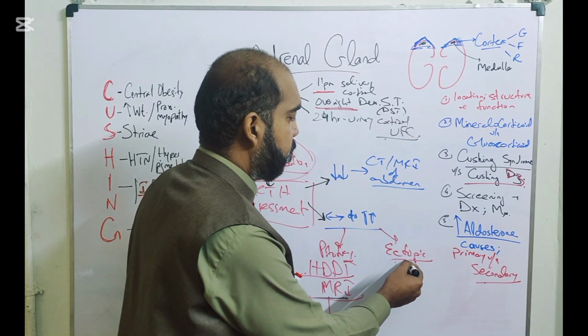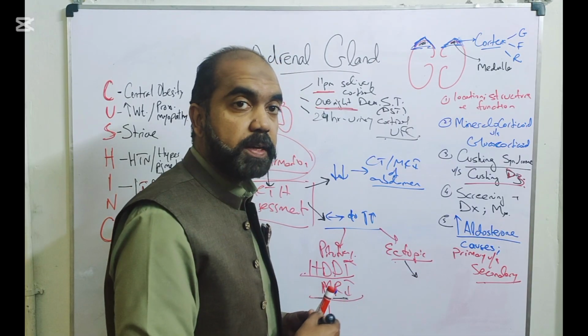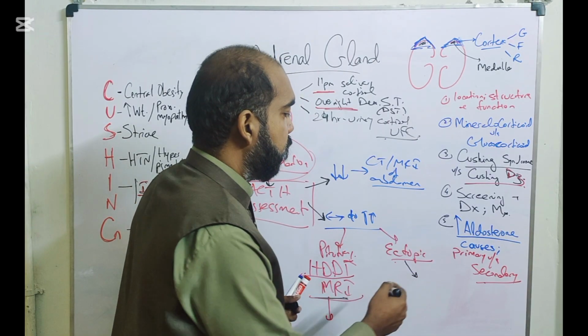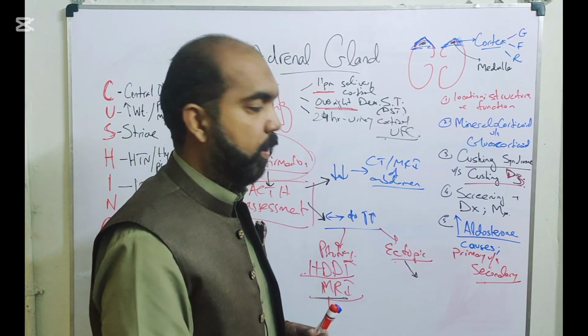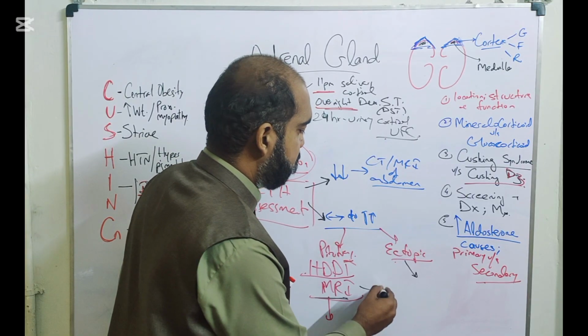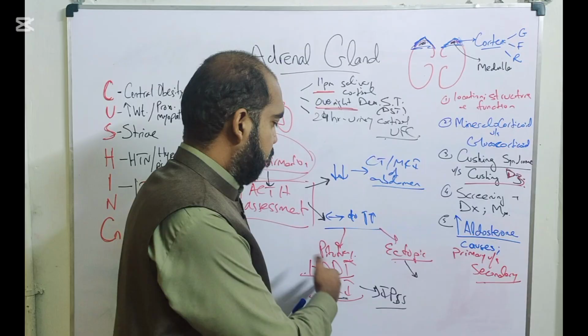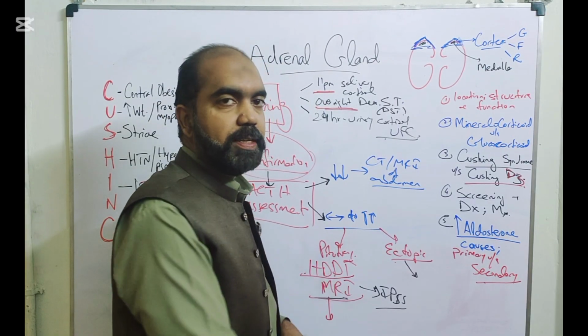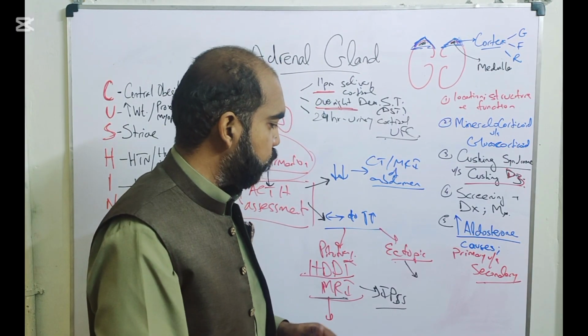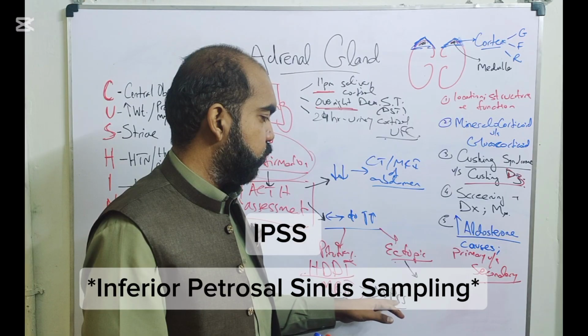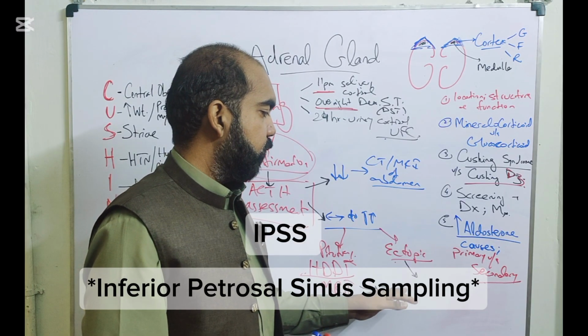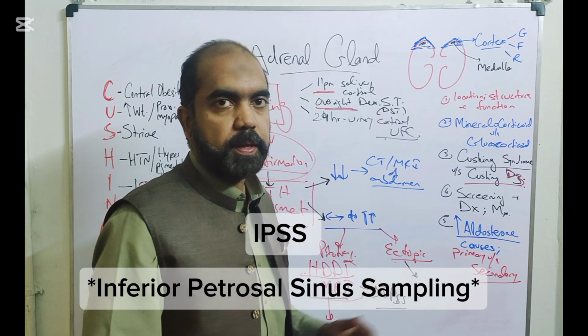And if it is not decreasing the ACTH or cortisol levels and the MRI is not showing any pituitary lesion, you can suspect ectopic ACTH secretion. If the pituitary MRI and the HDDT are inconclusive, we can go for IPSS, which means inferior petrosal venous sinus sampling.